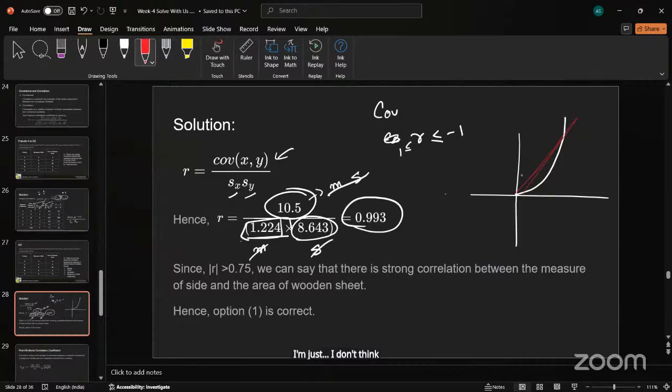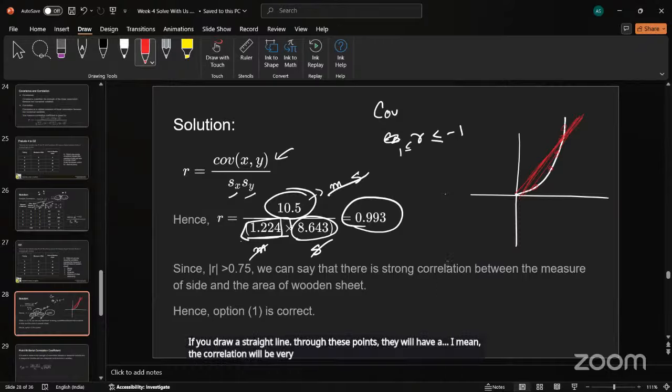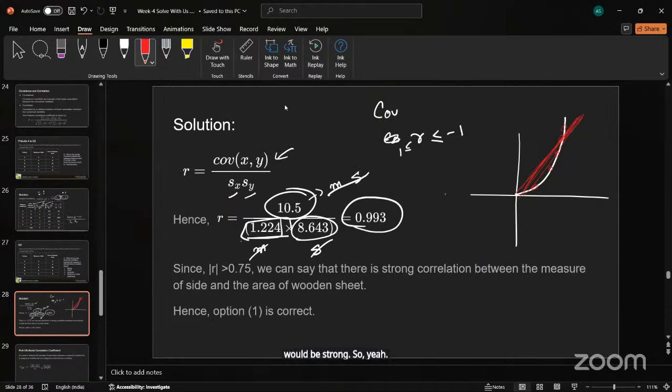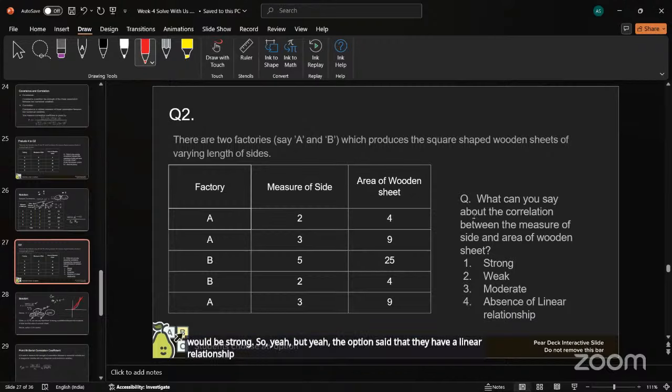That is also very strong, right? Points are lying close to this line. If you draw a straight line through these points, the correlation will be very positive, right? It will be strong. But the option said that they have a linear relationship, and that is not true, right?